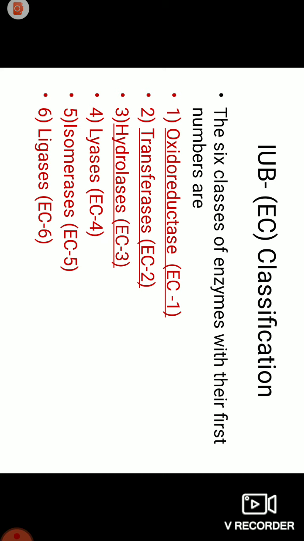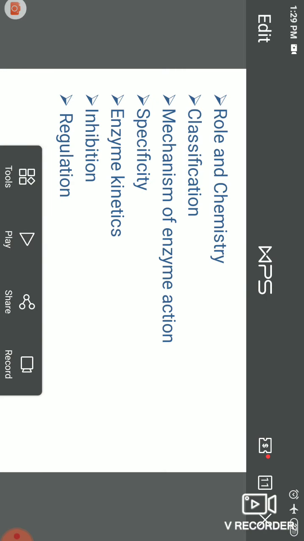O stands for oxidoreductase, T for transferase, H for hydrolase, L for lyases, I for isomerases and L for ligases. So these are the things in the first class. Hope you got an idea about this.